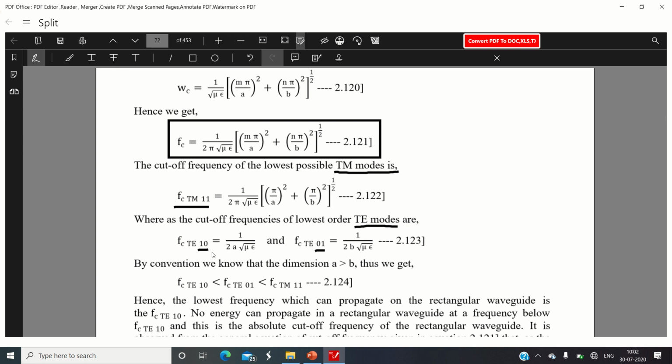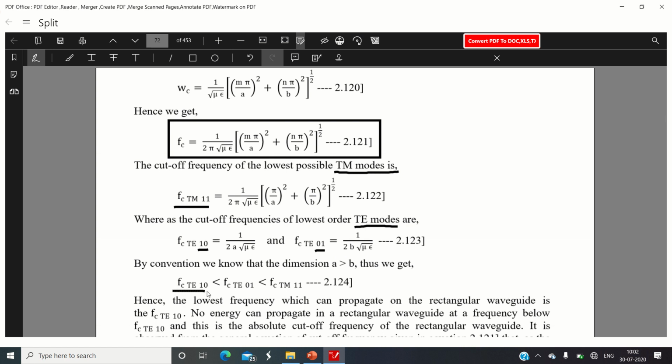So TE10 mode will have the lowest value because it is divided by A. The cutoff frequency of TE01 mode will be higher than this, and the cutoff frequency of TM11 mode will be the highest of all three.